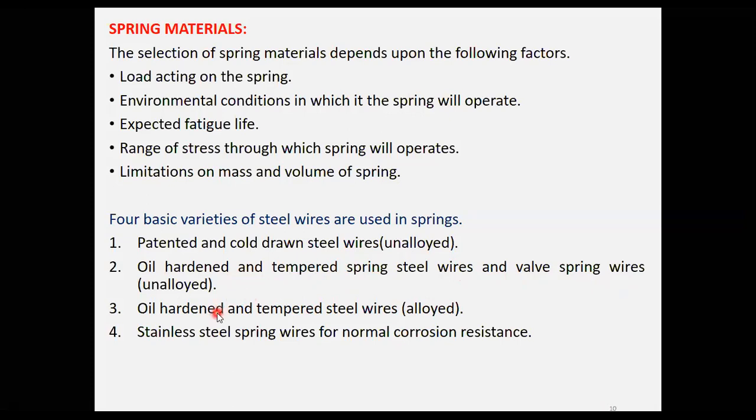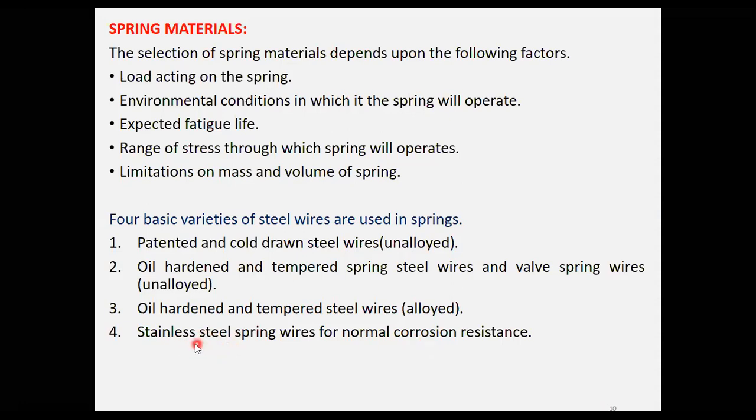The third one is oil hardened and tempered steel wire. This is unalloyed and this is alloyed. The last one is stainless steel spring wire for normal corrosion resistance. Stainless steel is used for non-corrosive environments.